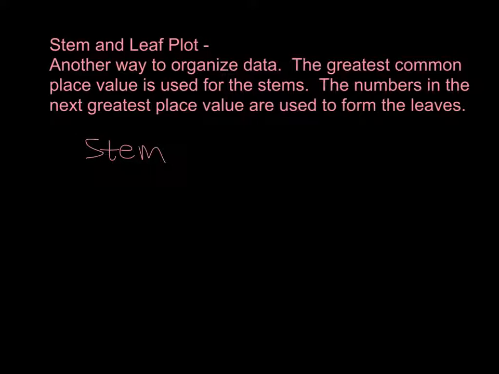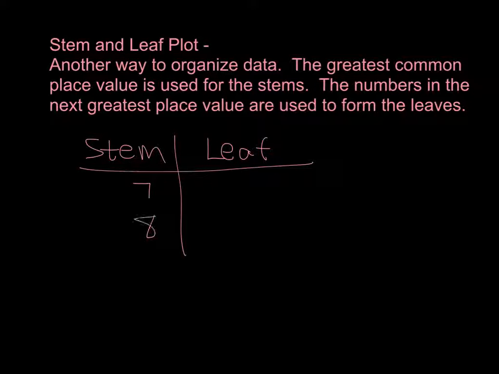So we'll have a stem, and then we'll have our leaf over here. We'll have 7 and 8 for our stems, and then we'll add in the second digit for the leaf. There was a 74, so I'll put a 4 there.